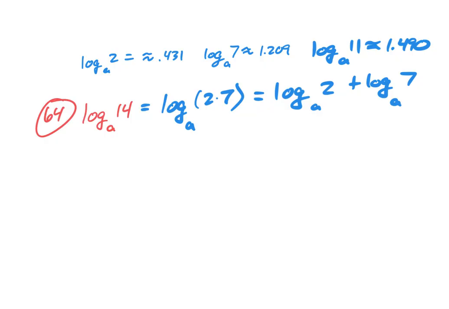where the log of 2 base A is approximately 0.431. So we would put 0.431 in here. And then the log of 7 base A is about 1.209. And I would add those 2 together, and we get about 1.64.